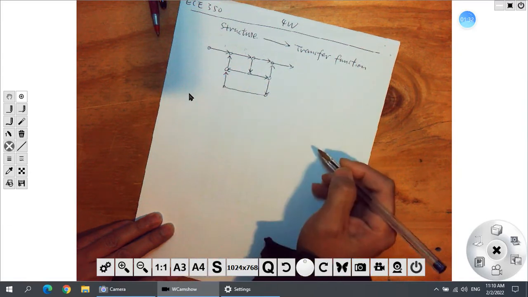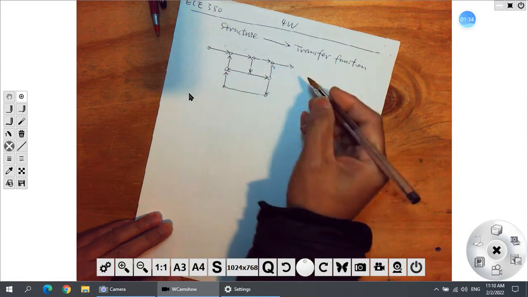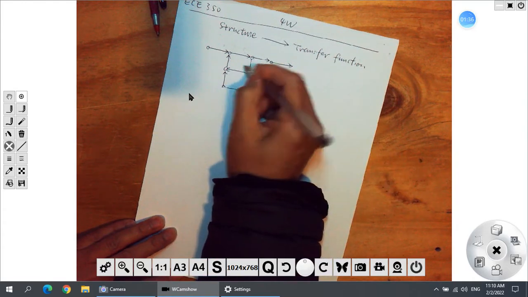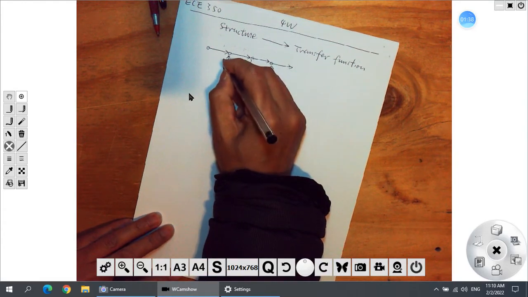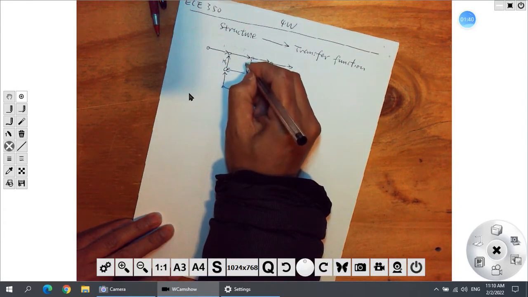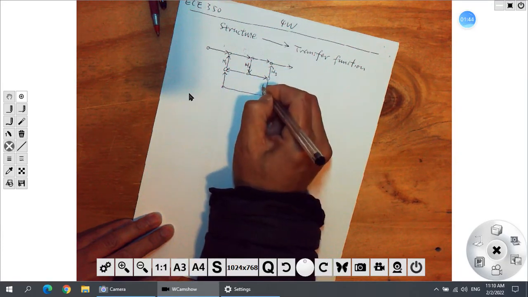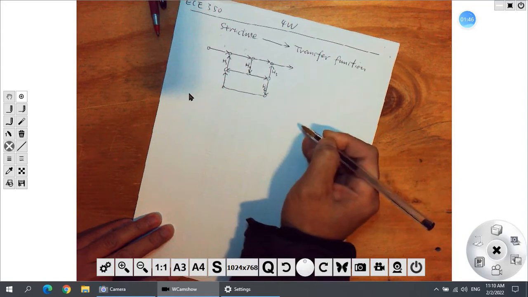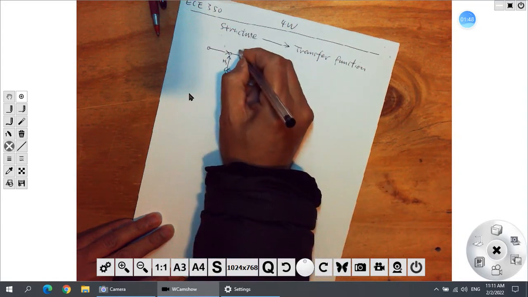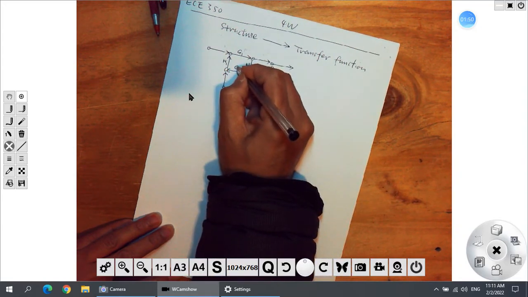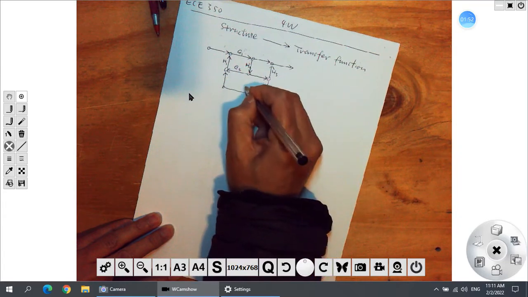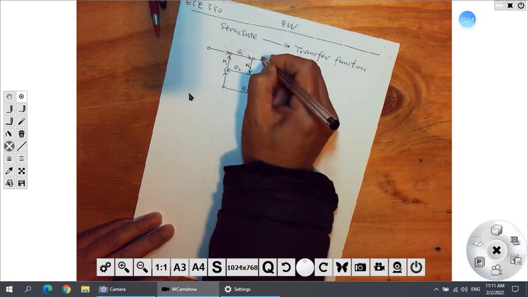Alright, it looks like this. And we have some functions: H1, H2, H3, H4, and G1, G2, G3, G4.